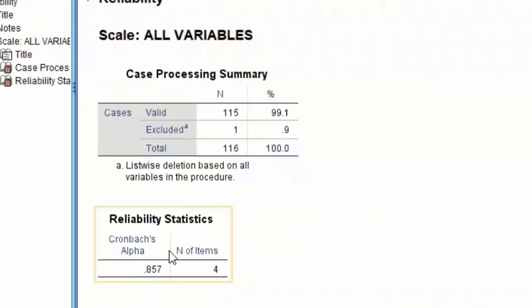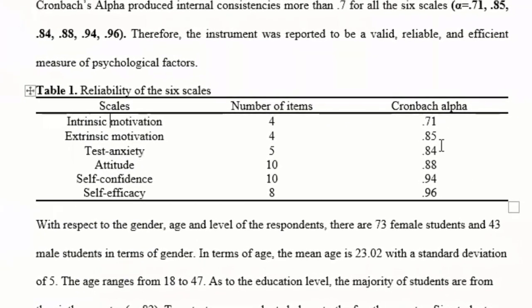And here is the Cronbach's alpha of the other scale, that is 0.857. I'm going to report it here as 0.857. I'm just going to use 2 decimals, not 3, and I can round the number in case it is necessary.